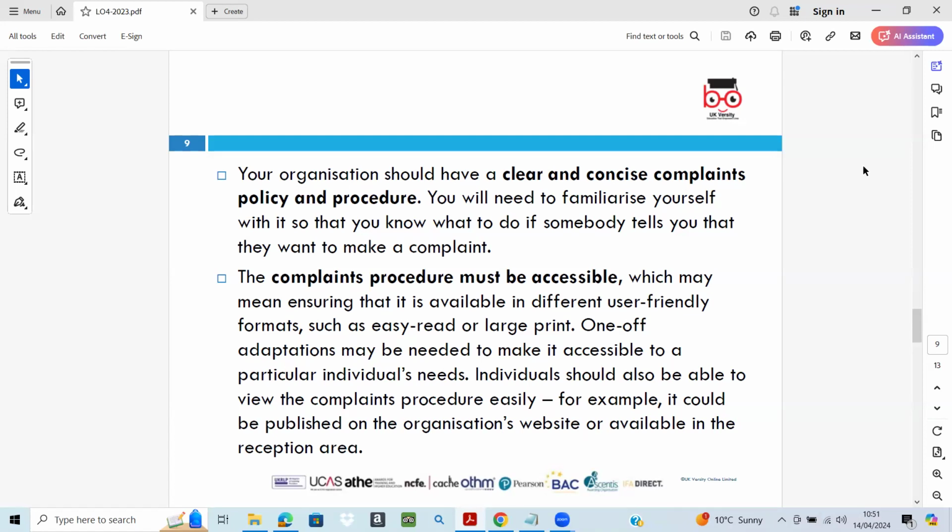From the organization's point of view, flexibility shows the organization's commitment to truly listening and responding to all service users or clients. It ensures that everyone, regardless of their unique needs, feels supported and valued in voicing their concerns. This approach underscores the organization's dedication to inclusivity and responsiveness. So this is important for us.